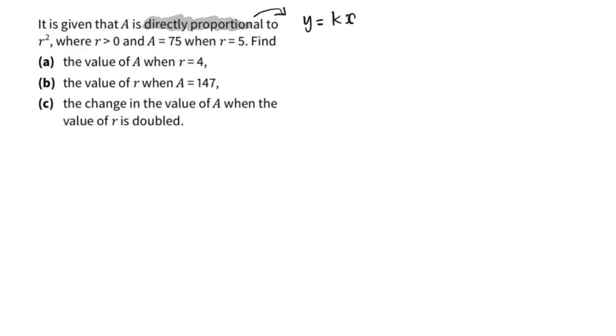Okay, where the first quantity in this question is a, the second quantity is r squared. So step 1, even before I do the part A, I do need to check and find the equation relating a and r.